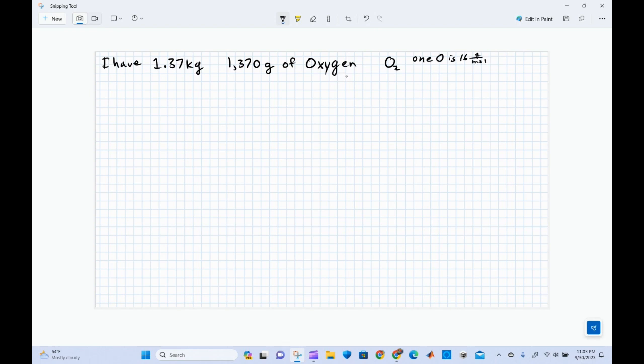So this O2 must have 32 grams per mole. So what does that really mean? It means for every 32 grams, there is one mole. Because if there's 32 grams of oxygen somewhere, that is equivalent to 1 mole of something.